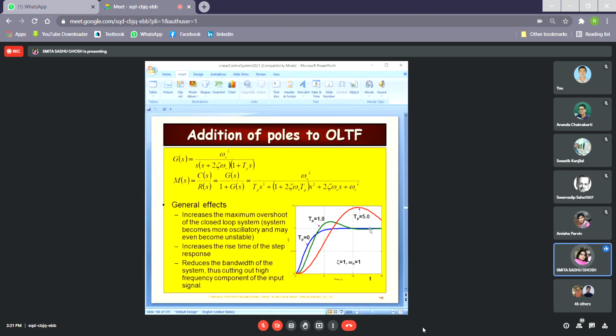Now, when the pole is added and the value of Tp is changed successively, first Tp is taken as 1, and for that the plot has been done using MATLAB. And for a Tp value equal to 5, again the plot has been done using MATLAB.